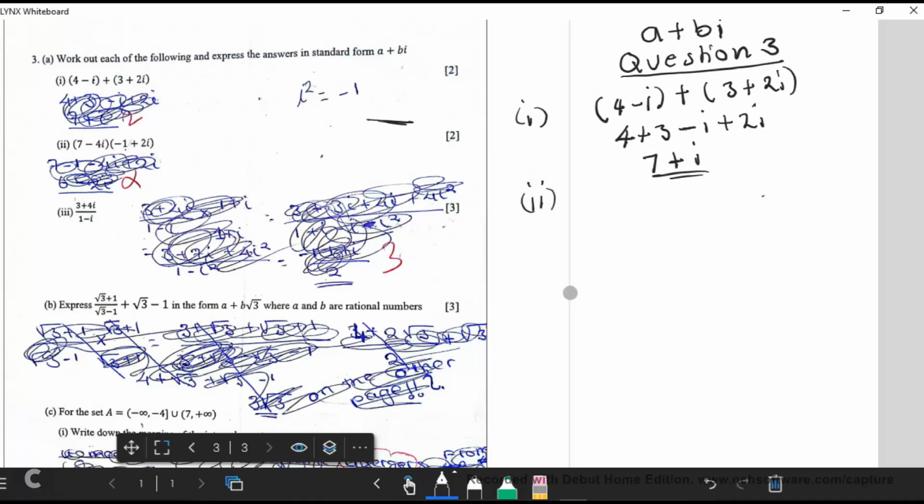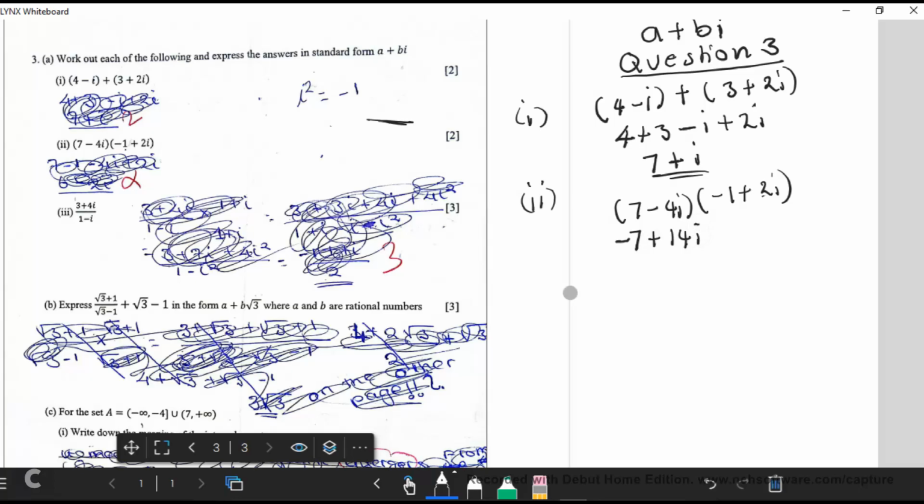Let's go on to part 2. That is 7 minus 4i times negative 1 plus 2i. So what I'm supposed to do here is multiply this one times this one. 7 times negative 1 is negative 7. 7 times positive 2i gives us 14i.